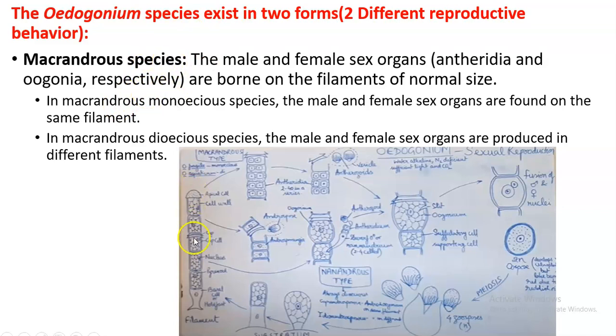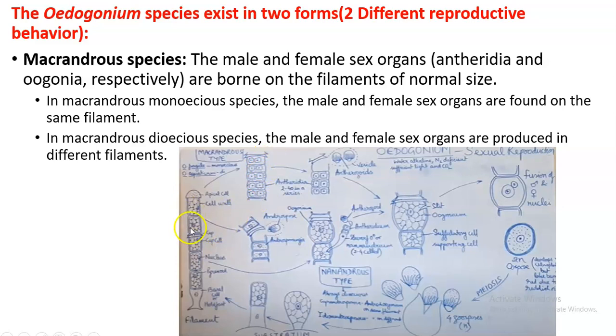In the Macrandrous species, see the mouse pointer, imagine this is the Macrandrous species. This is a normal vegetative filament. During the time of reproduction, one of the cells of this filament will modify into antheridia. You can see the antheridium. This is one antheridium, this is another, which will have antherozoids.